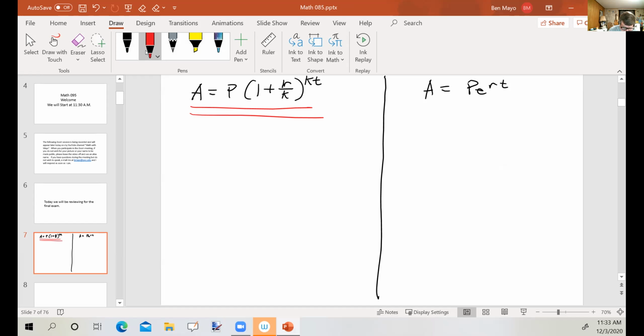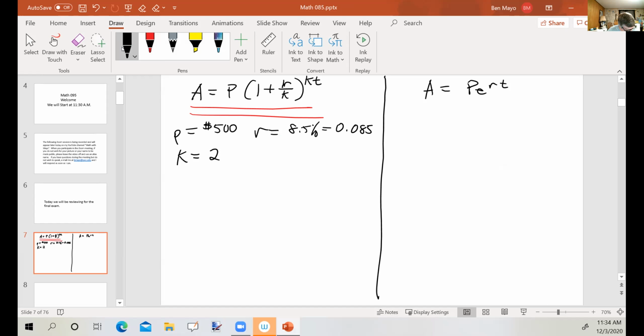Okay. Now, $500 is deposited. So P is $500 in an account paying 8.5% annual interest. So R is 8.5%, which would be 0.085. Compounded semi-annually, so K is 2, that's twice a year.